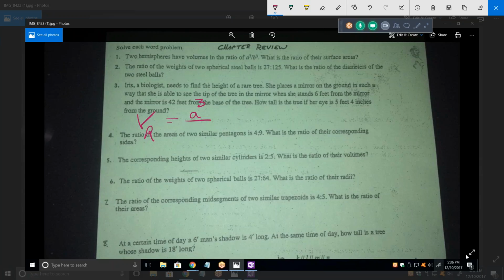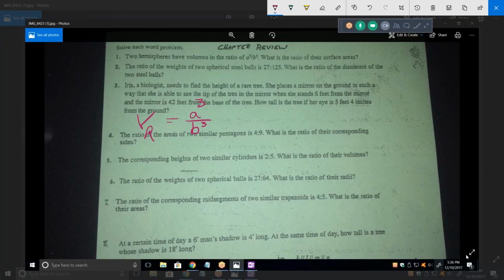Oh, yeah, L is the linear ratio, A is the area ratio, V is the volume ratio. Okay, so I'll just use L, A, and V. I put a little sub r there because it's a ratio. It's always a ratio. Even if it's 2, it's 2 to 1. So that's the volume ratio.